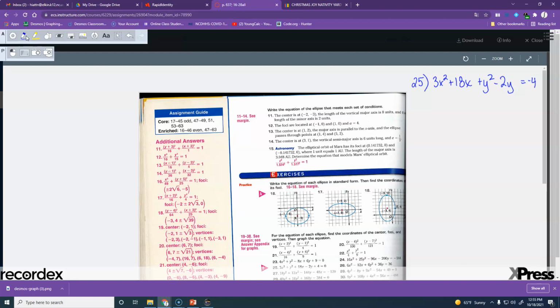So I would factor out a 3 from my x's. So x squared plus 6x plus blank. And there's nothing to factor out of the y's. So I would just have y squared minus 2y plus blank equals negative 4 plus blank plus blank.